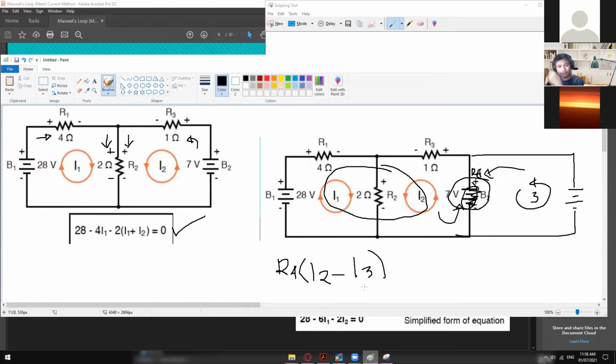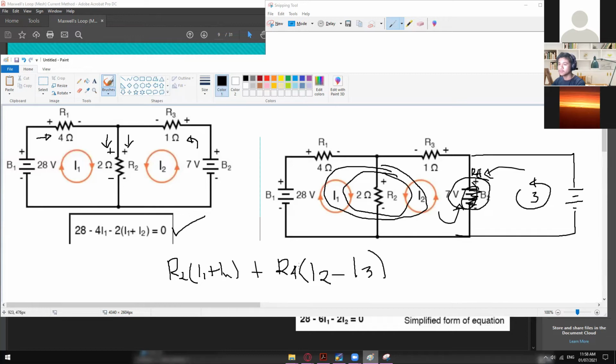So it will never become 3 currents in one equation. It's always 2 currents in one equation. But of course, here you have another one wherein you deal with R2 times, since they have the same flow of current, I1 plus I2.